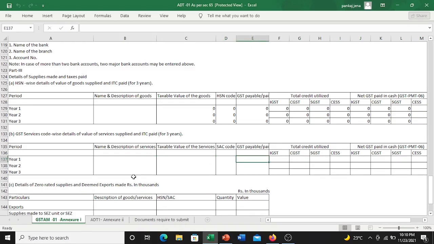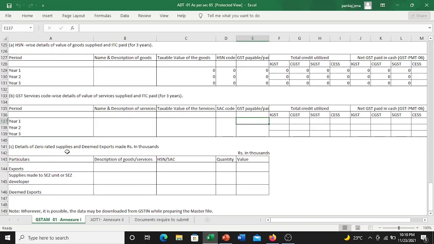Suppose GST payable is 100, and from that we utilize credit, let's say 60, and pay the net 40. So that is how we have to divide it and show it. Here we write 100, then credit utilized 60, which means you mention 60 here, and the remaining 40 will be your net GST paid in cash.